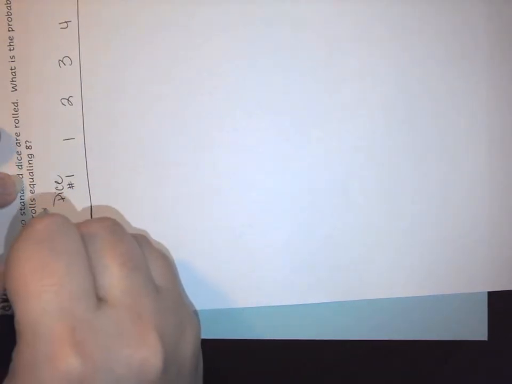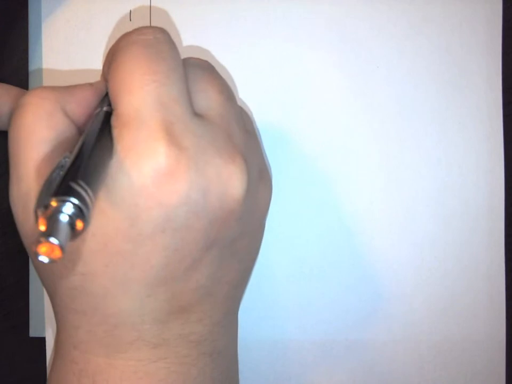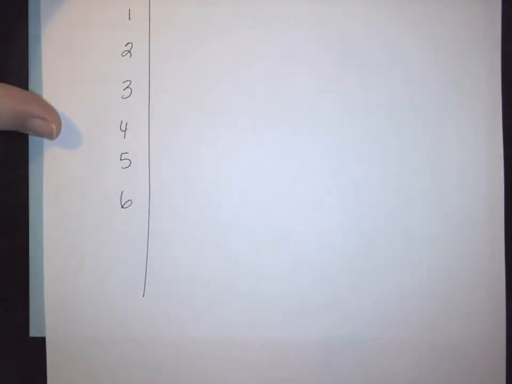Then we're going to draw down, and this is going to be dice number 2. And here we've got 1, 2, 3, 4, 5, and 6.